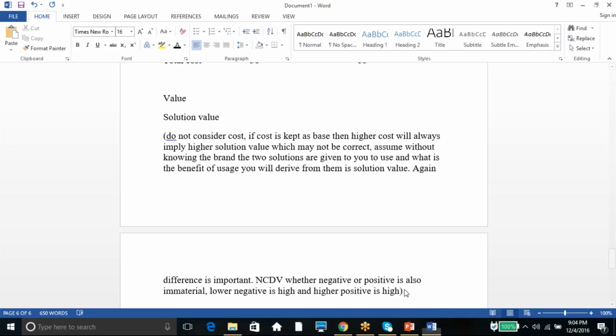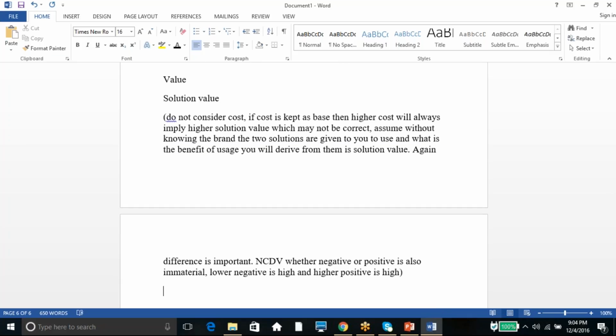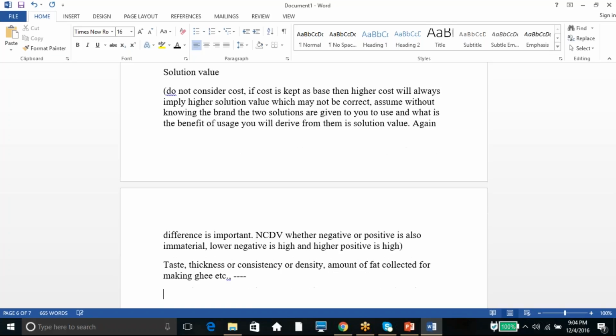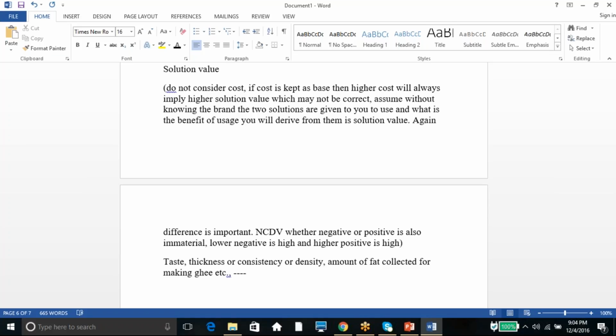Now, the solution value here could depend on taste, it could depend on thickness or consistency or density, it could depend on the amount of fat collected for making ghee, etc. Based on that only you should take out a solution value.